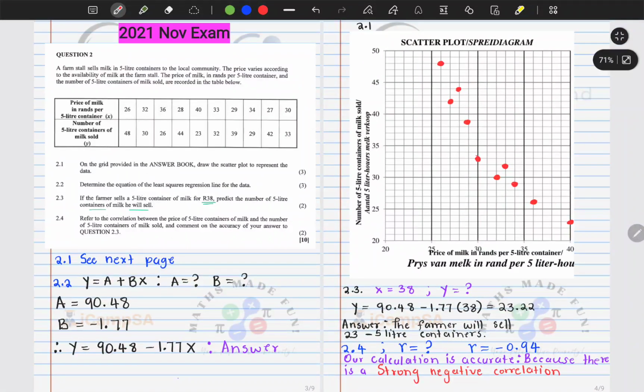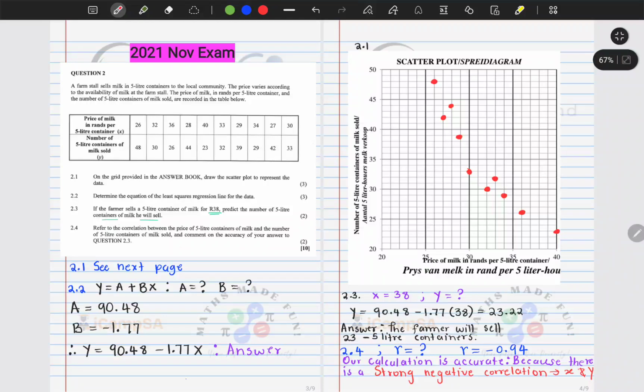And this is between your x and y. Okay, so that would be our answer, to say there's a strong correlation between the variables of interest, which in this case is our x and our y.